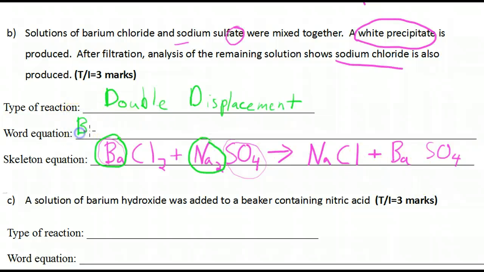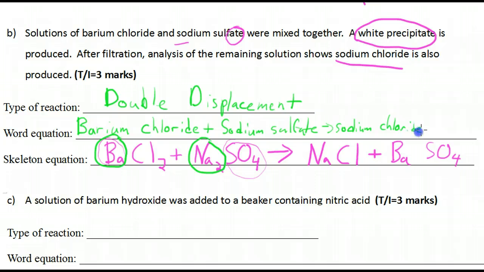So we have barium chloride plus sodium sulfate yields sodium chloride plus barium, I'm running out of space, but that's okay, sulfate. Okay, so that is that one.